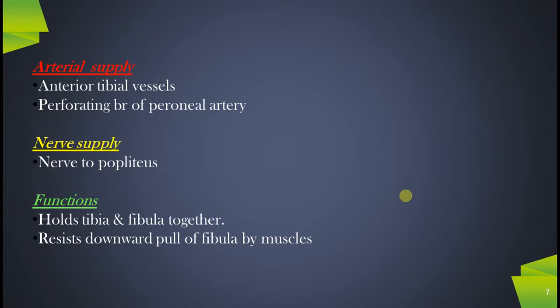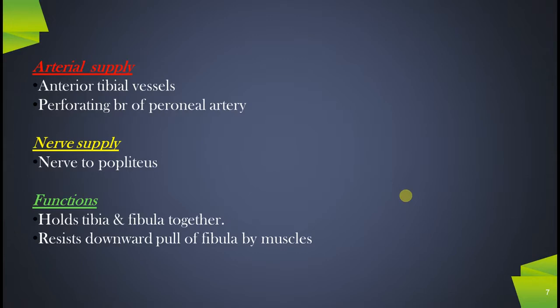So the main function is that it holds the tibia and fibula together and resists the downward pull of the fibula by the muscles. Okay, because most of the muscles are actually taking origin from the fibula. Fibula is mainly for muscular attachments.